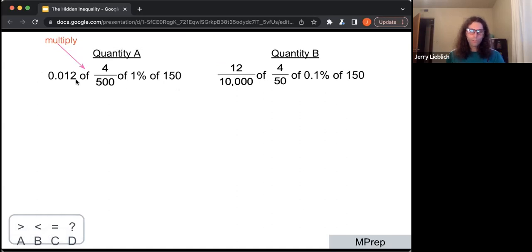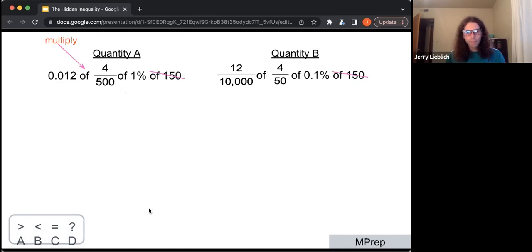Do 0.012 times 4 divided by 500 times 0.01 times 150. But before I do that, I'm going to notice there's so much similar between these sides. So how can I simplify it before making those calculations? Well, the first thing I might do is just get rid of these 150s.